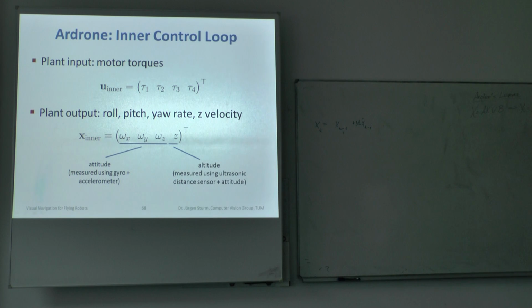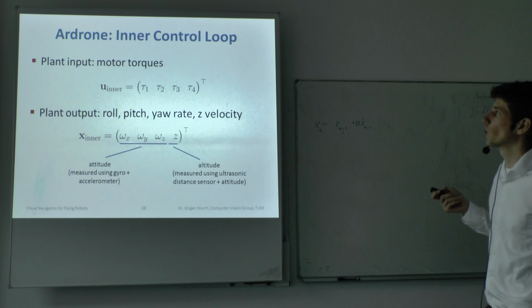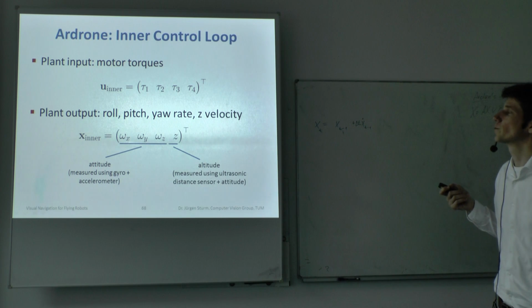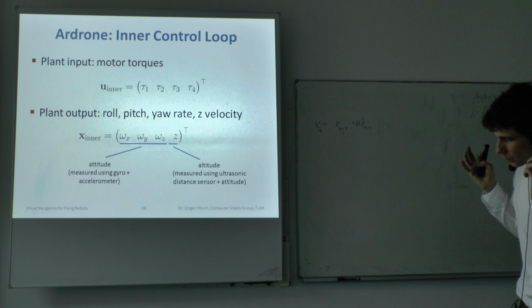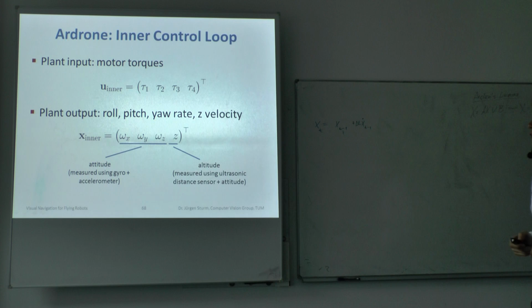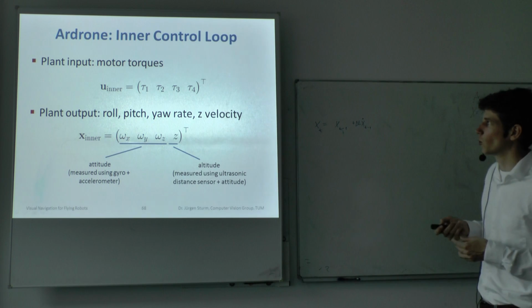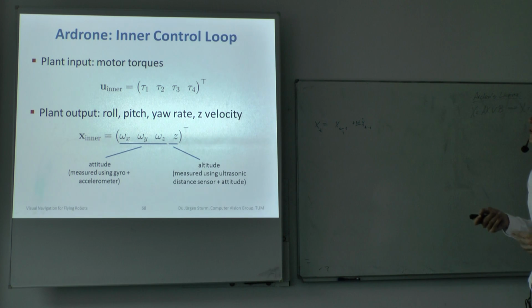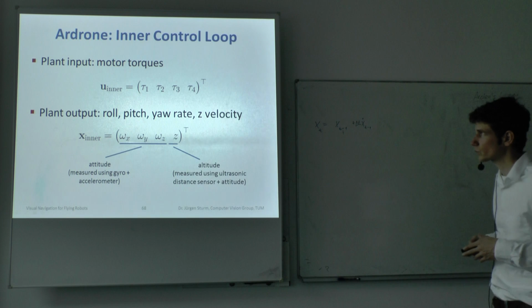More specifically, this means or could mean the following: the inner loop controls the motor torques. The motor controllers get motor torques that are computed from the attitude controller, and then the inner loop measures again the roll, pitch, and yaw, and the set velocity or the set position using its sensors.